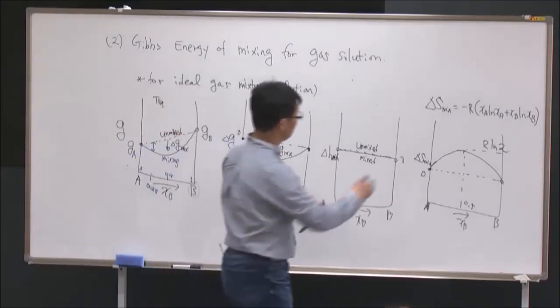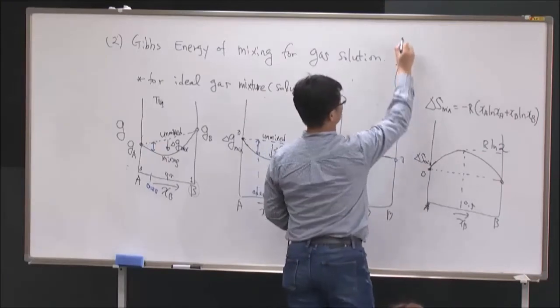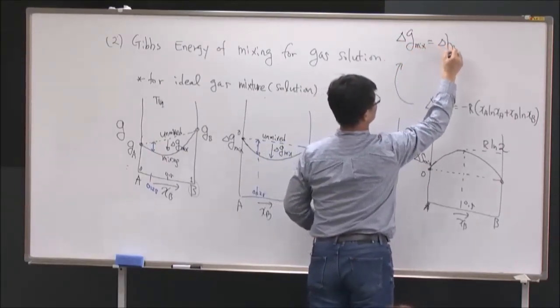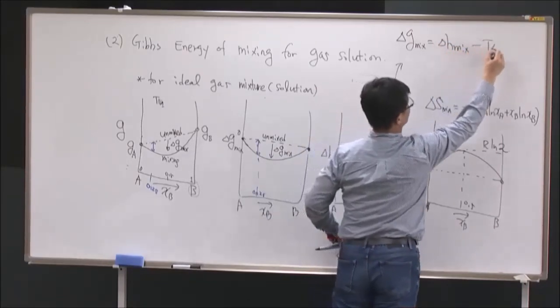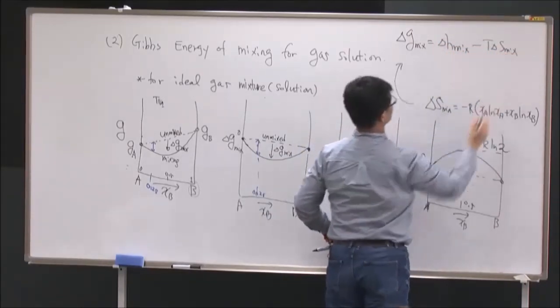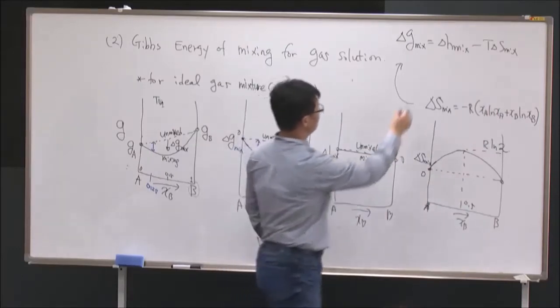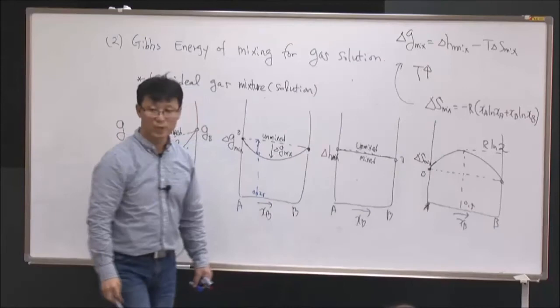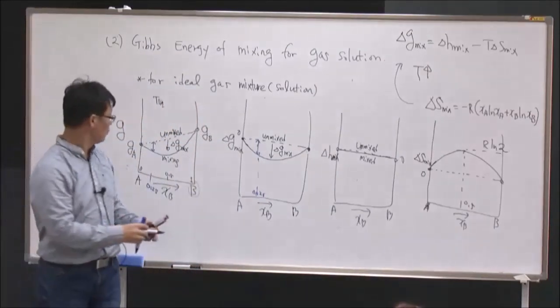Okay, let's go back again. So delta G of mixing equals delta H of mixing minus T delta S of mixing. Okay, when the temperature is going up, what will happen?